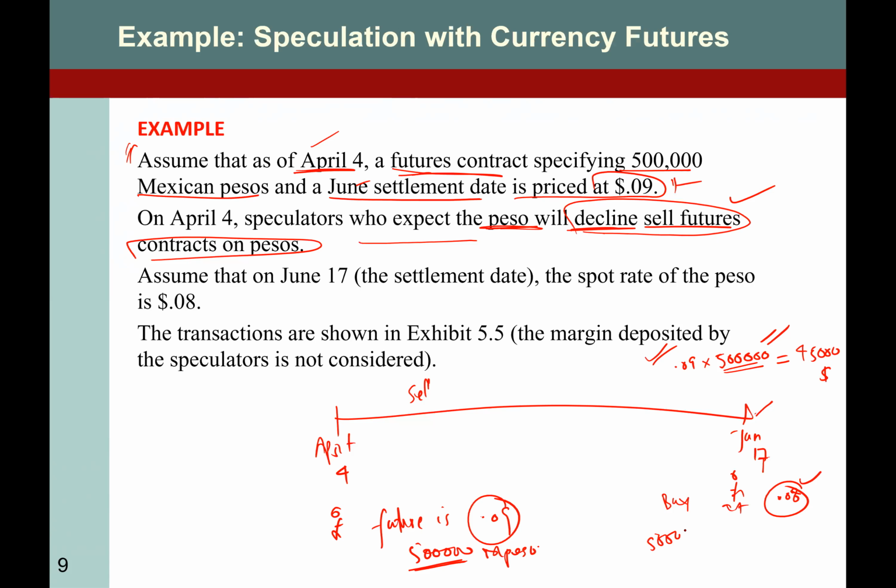So 500,000 multiplied by 0.08 is 40,000. You spend 40,000 in the open market to purchase 500,000 pesos. You hand them over to the person with whom you have the future contract, because a contract has obligation, and he is obligated to purchase at 0.09.